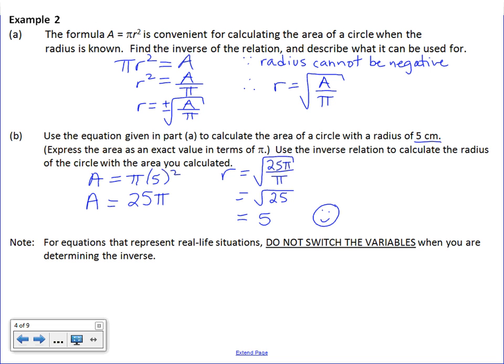Okay? Basically the note here at the bottom, maybe I should have put it before the example, but I basically told you this. For equations that represent real life situations, do not switch the variables when you are determining the inverse.